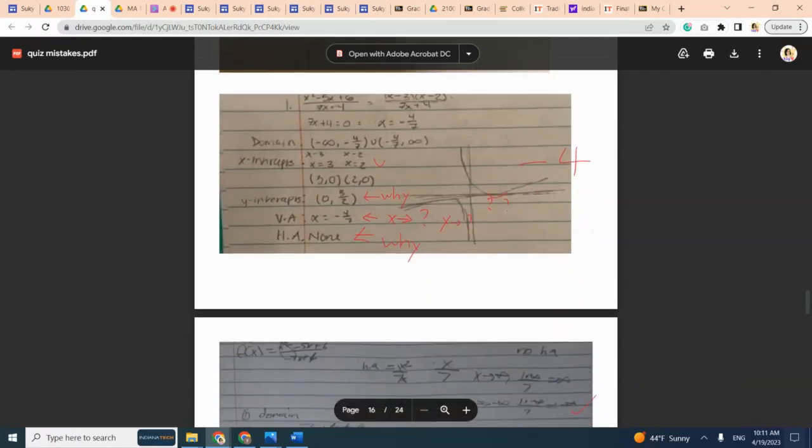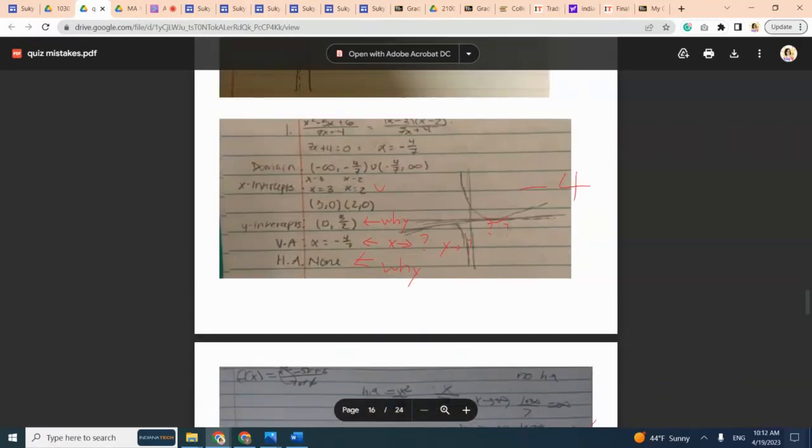Okay. So yeah, many of you have this mistake. So before you did the quiz, did you look at your class notes and review the class notes? Little bit. But then you can see in the class notes how many steps I showed, right? So in the quiz and the exam, you have to show all those steps.